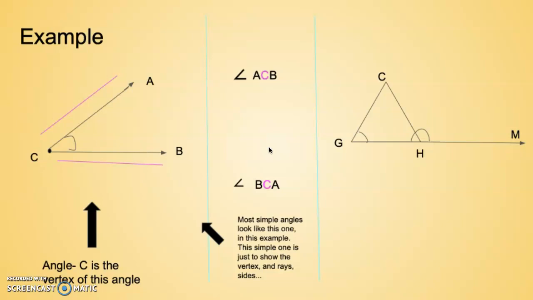The vertex is C, which I already mentioned before, but notice that it's in the middle of the angle between BCA and ABC. ABC is here, A, B, C, and BCA is here, B, C, A. C is always going to be in the middle of these, which is why I put it in the middle and highlighted in pink.